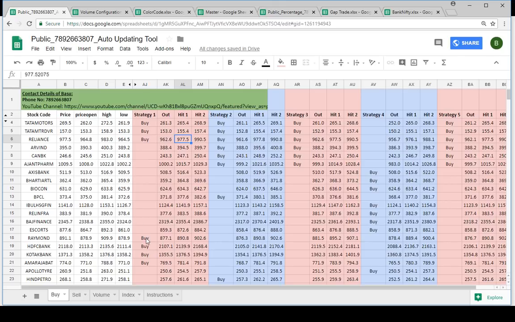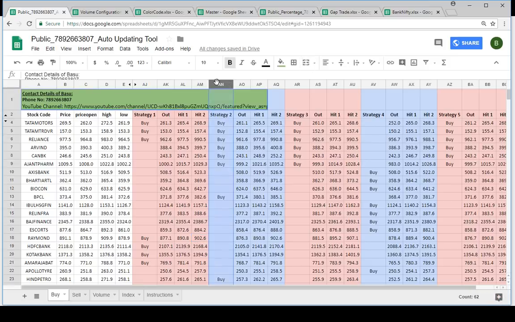Similarly, there are a few more here. Raymond's gave a buy signal and made a high of 909.5, which means it hit both the targets and even went a few points more than that. So similarly, these are different strategies.